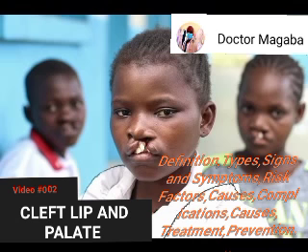Yeah, most likely. And in a few cases, cleft lip and palate is associated with the genes, the genes a child inherits from their parents. The genes that you inherit from your parents can also put you at risk of that.